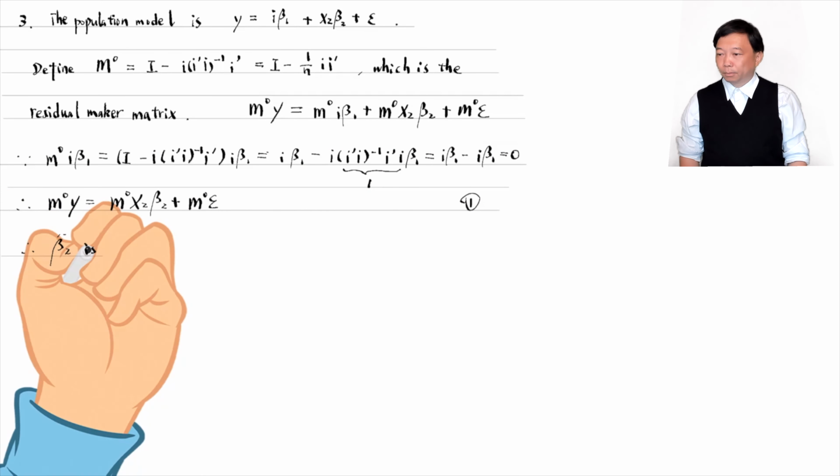And M0x2 is a matrix with k columns of deviations of x from their sample means. Therefore, beta 2 hat is the OLS estimator from the regression of transformed y on the transformed x.